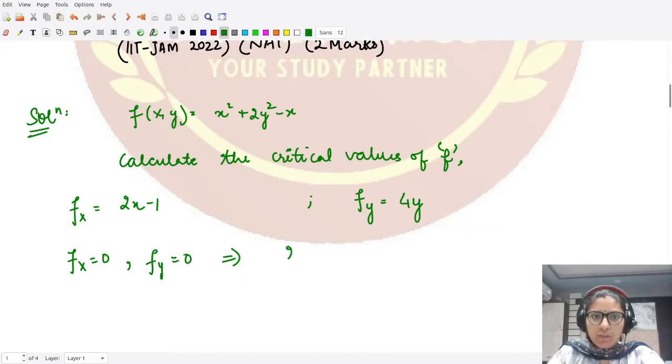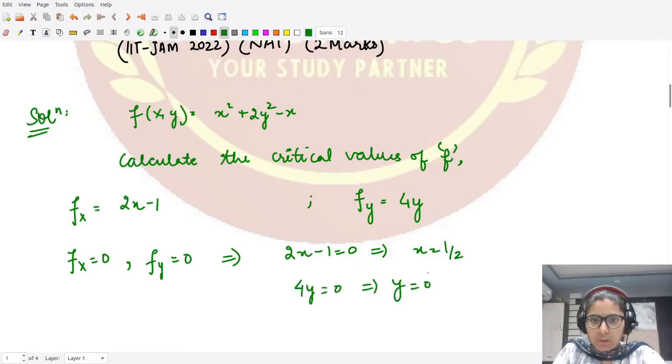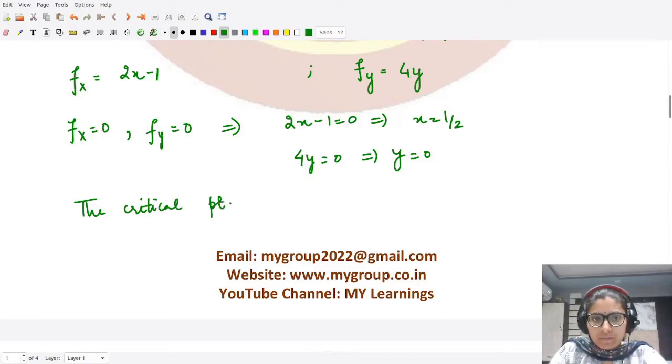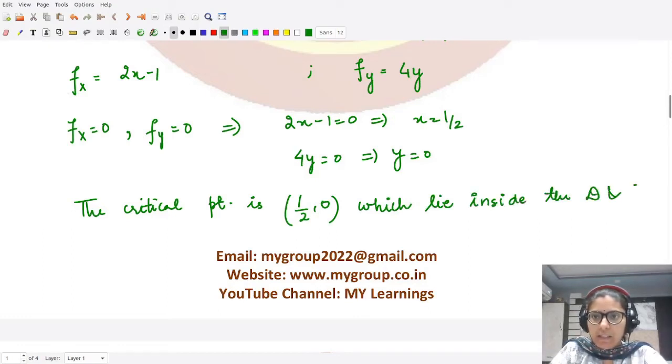So 2x minus 1 is equal to 0, that means x is equal to 1 by 2, and 4y is equal to 0 gives y is equal to 0. So the critical point is (1 by 2, 0) in x and y, which lies inside the given domains D and E.